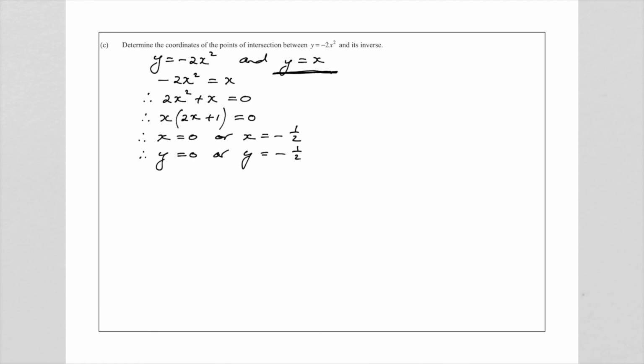So now we can write down that our points of intersection will be the points 0, 0 and negative a half, negative a half. And with that, we are finished with the inverse of the parabola.